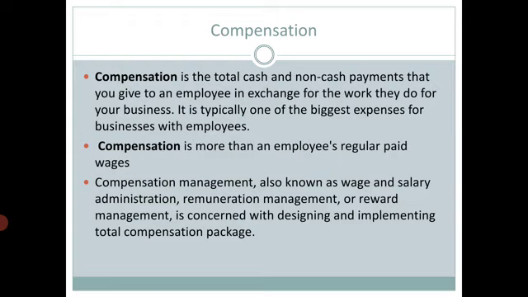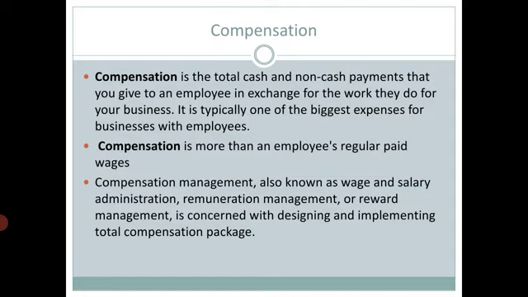So, compensation is something more than the regular salary or wage paid to the employee. Something extra is paid by the employer to the employee, and it is included in compensation.